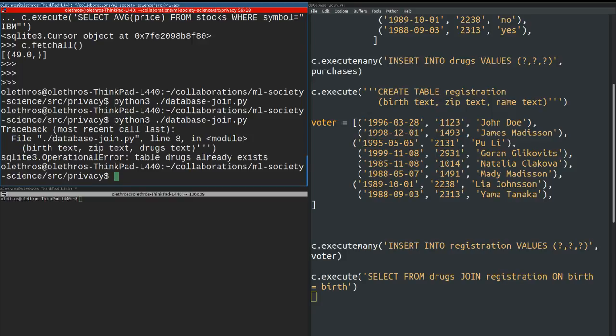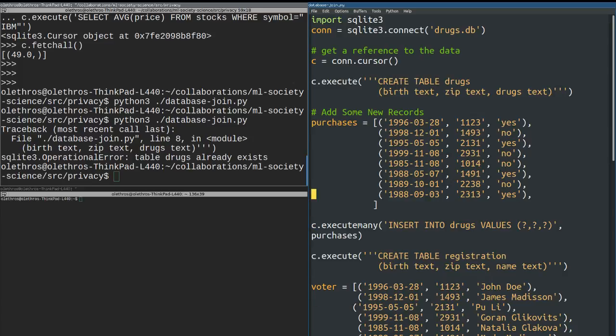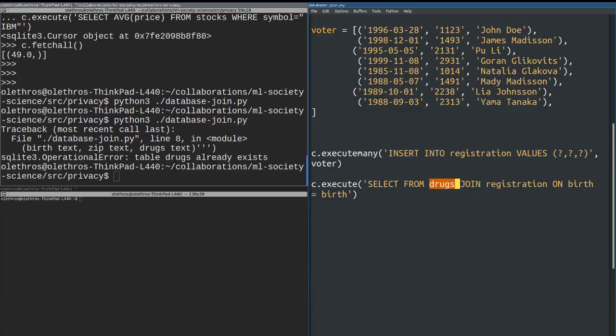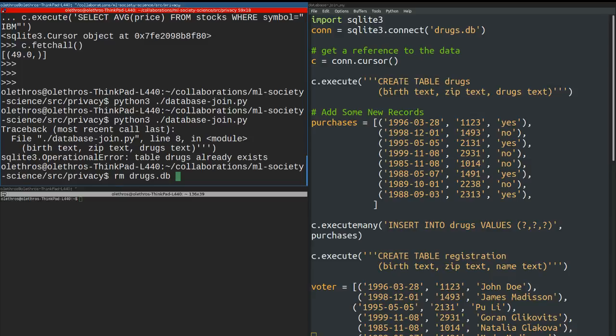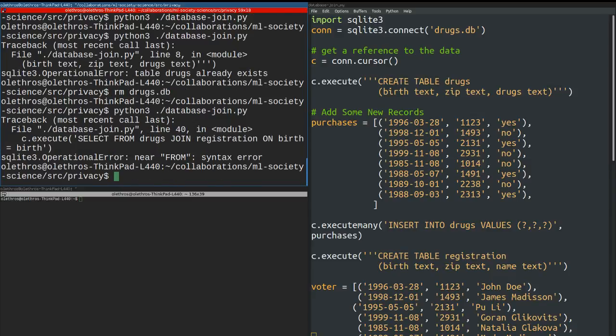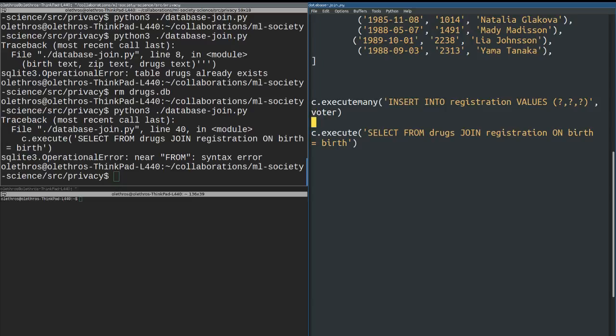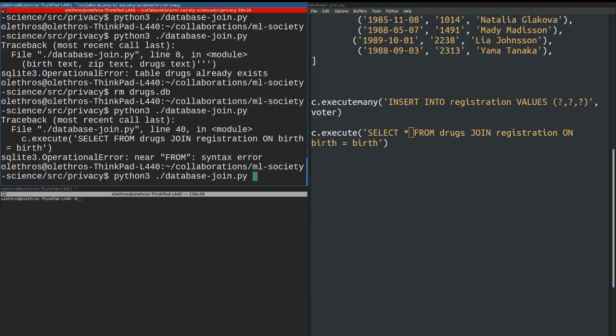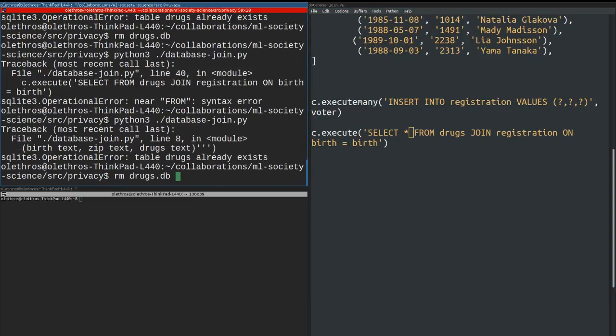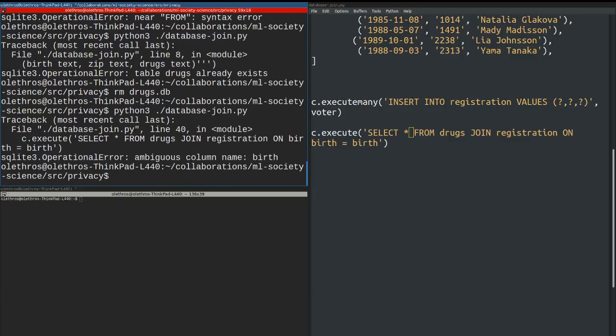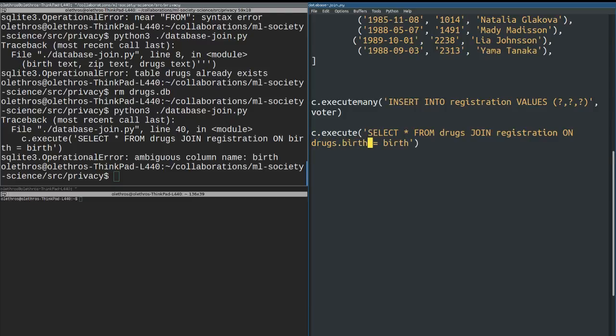Table drugs already exists. It does. Probably needs select star. Yeah, but it says something already exists. Drugs. Interesting. Okay, let's start. Let's have to read it again. Ambiguous column name birth. Okay, so I have to say that's particularly drugs birth and registration birth.